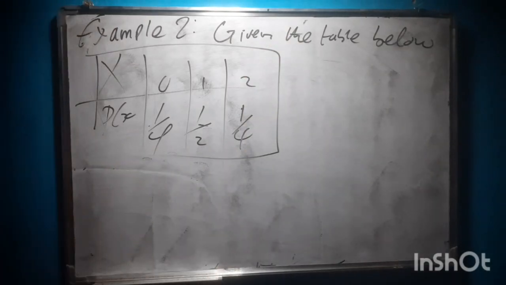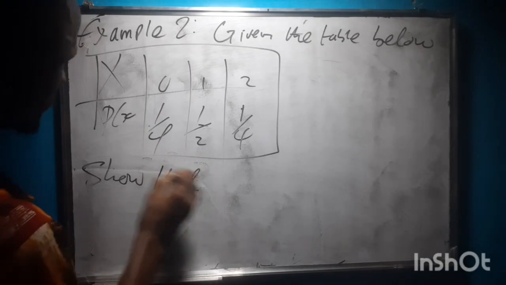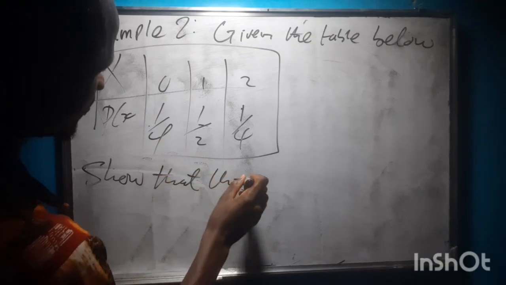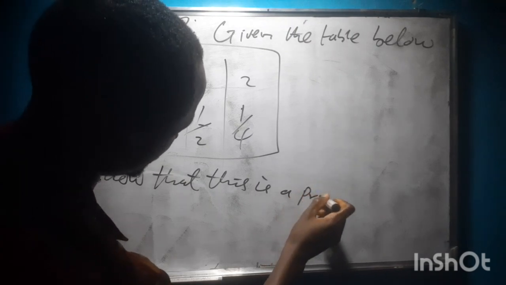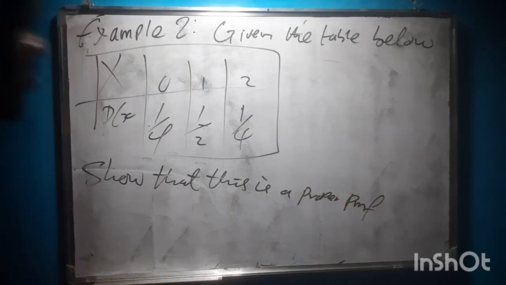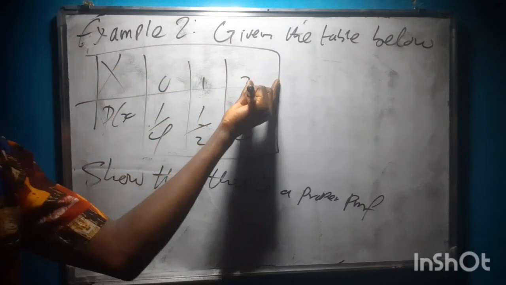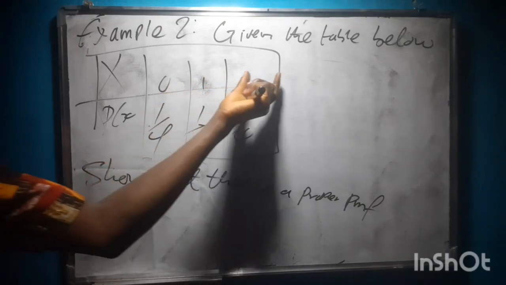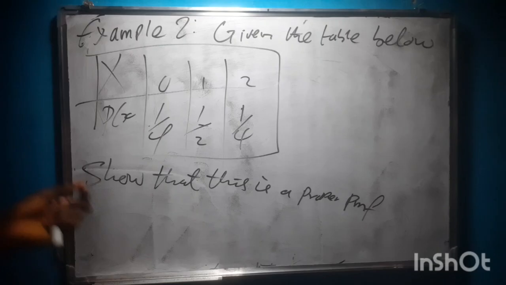They ask you to show that this is a proper PMF, which is probability mass function. So this is the random variable which ranges from 0 to 2, and these are their corresponding probabilities.